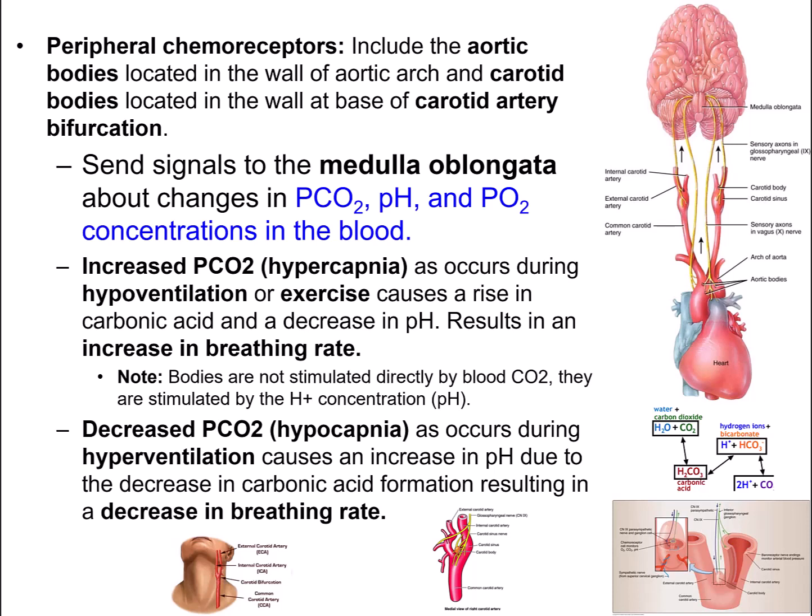Decreased PCO2, also called hypocapnia, as occurs during hyperventilation, causes an increase in pH due to the decrease in carbonic acid formation, resulting in a decrease in breathing rate. So hypoventilation, as when you're holding your breath, or let's say you have a disorder such as an asthmatic attack or COPD or emphysema, and the person can't get all the carbon dioxide out.